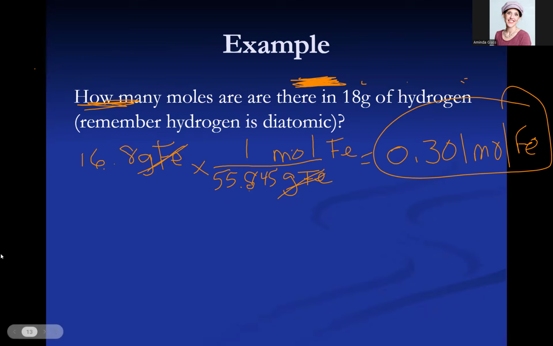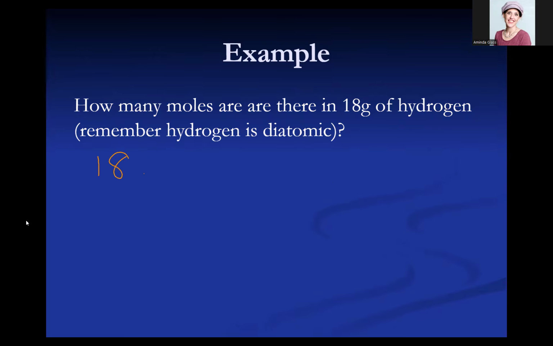So what if I wanted to determine how many moles are there in 18 grams of hydrogen? And it says, remember, hydrogen is diatomic. So that means we have H2. So I have to determine this molar mass. So I look and I say, well, hydrogen has a mass of 1, and I have 2 hydrogens.